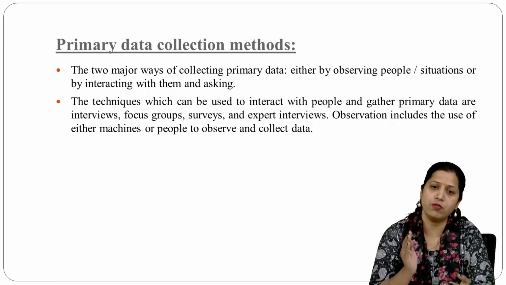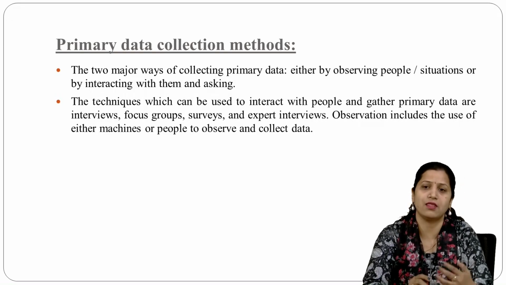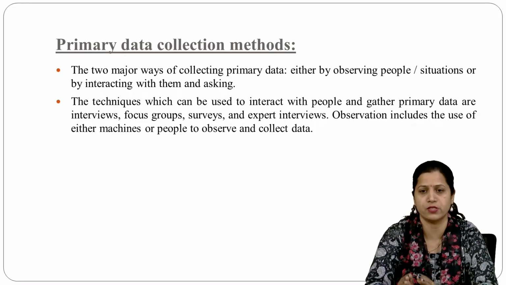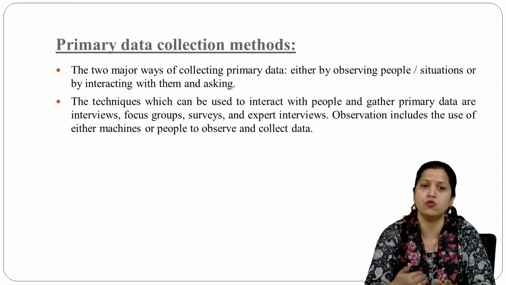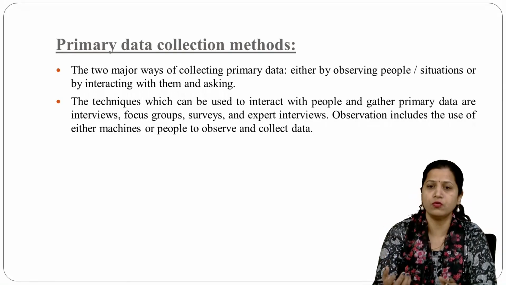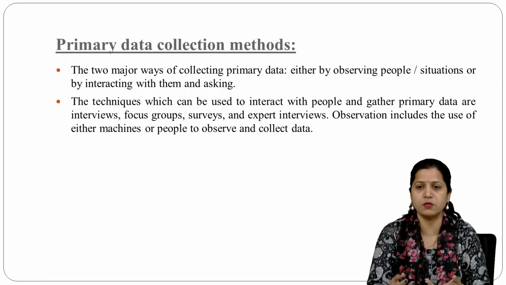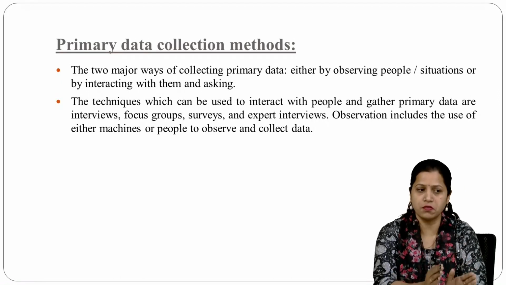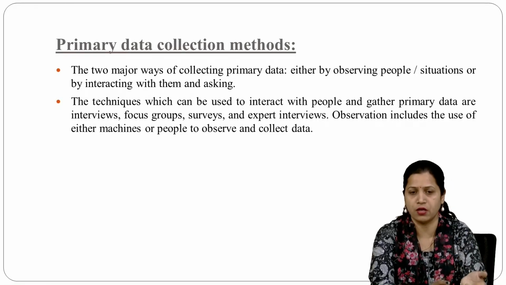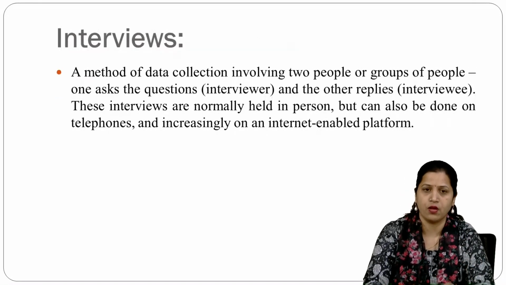The techniques used to interact with people and gather primary data are interviews, focus groups, surveys, and expert interviews. Observation includes the use of either machines or people to observe and collect data. If we use the observation method, we can observe the people, by person or machine, and we can get the data.